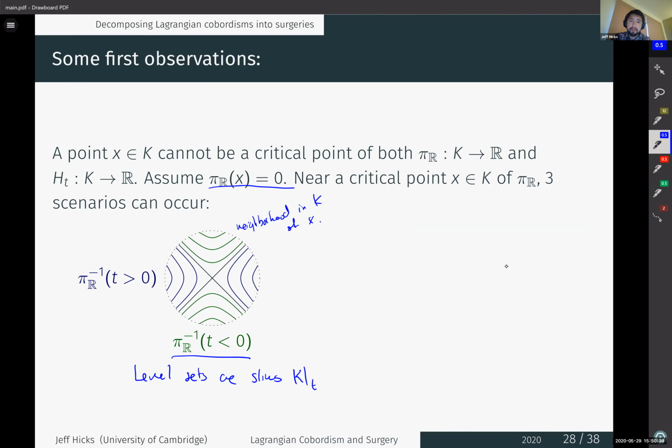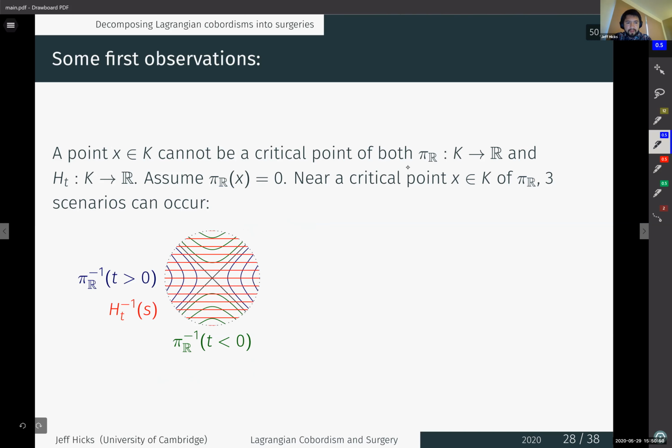Now, what I'm going to do is superimpose on top of this the level sets of H.